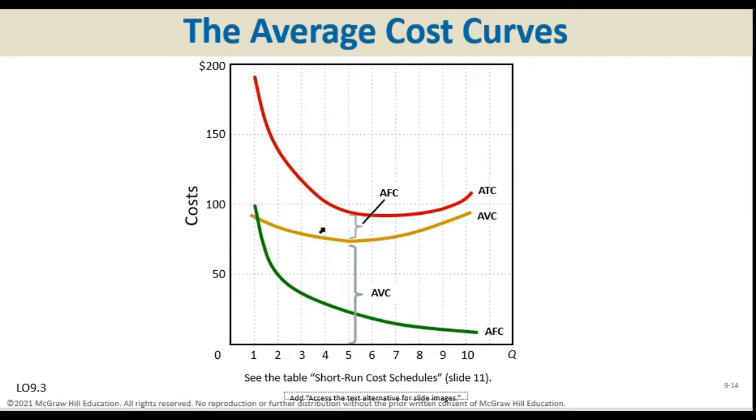So that translates here into this decrease in the average variable cost. That decrease over here in the average variable cost gets to the bottom level, and then it will start to increase.